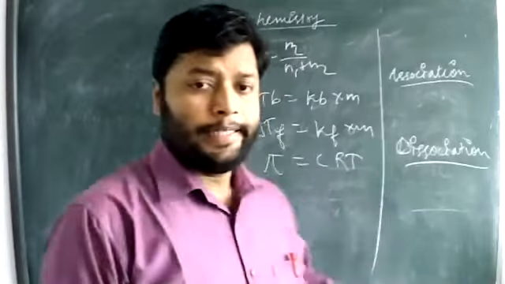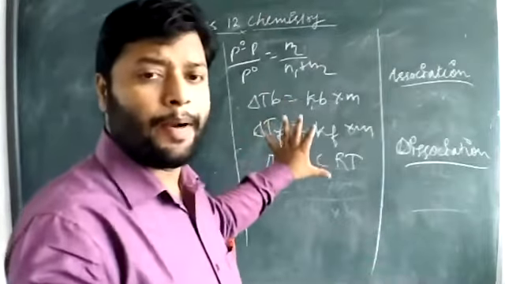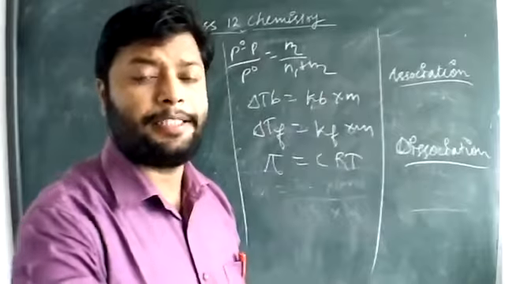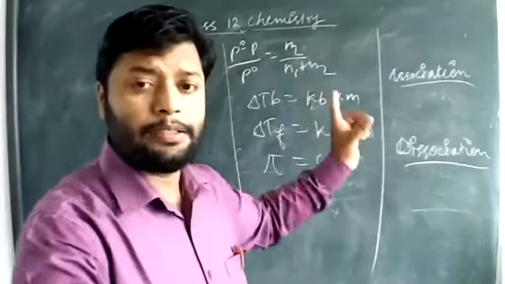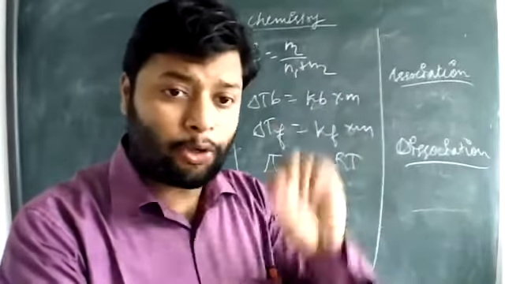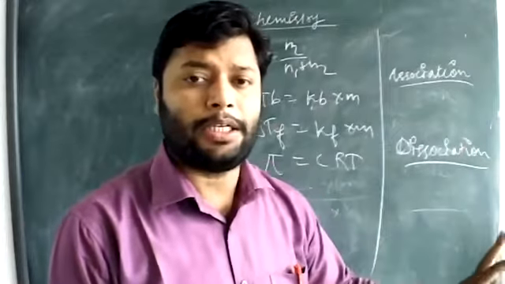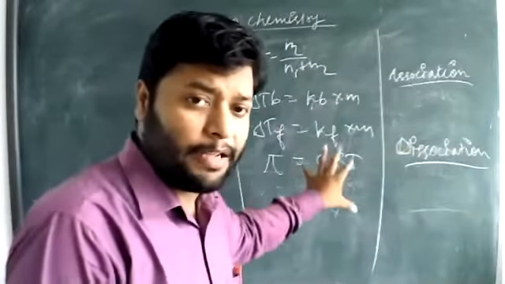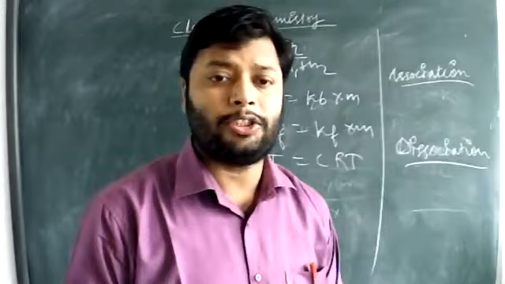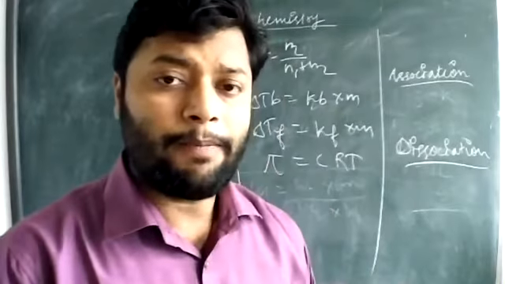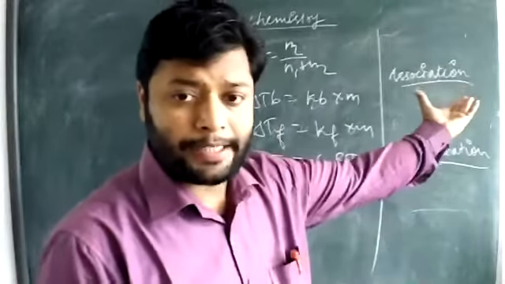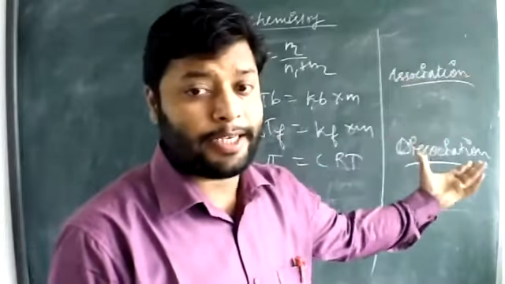One more thing, these are the simple colligative properties based on the Raoult's law condition. But if the solute is an electrolyte and dissociates or associates in the solvent or solution, there must be a correction in this same formula, and that correction is termed the Van't Hoff factor. For that, first you have to guess whether there will be association or dissociation.